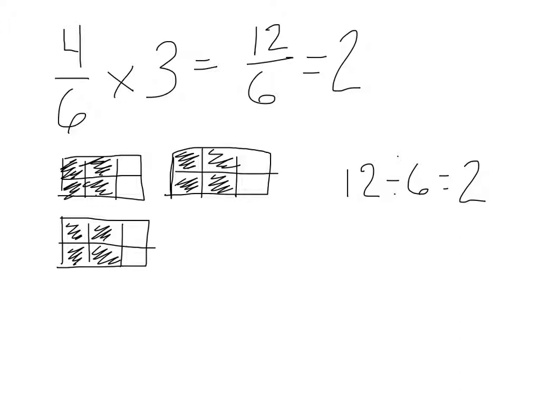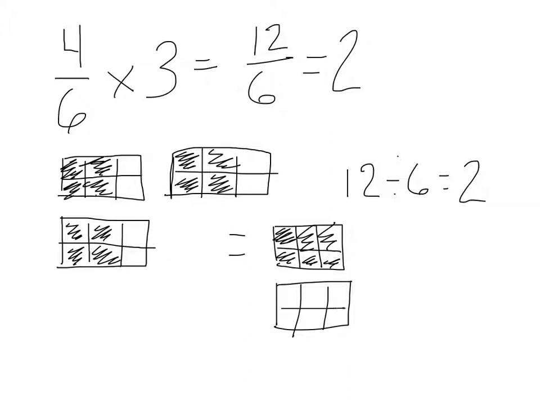The other way I can do it with the model, and I like that kids are doing this because it's like a foolproof way, they can't get it wrong. What I tell them to do is draw a model with their 6 pieces, and now they need to shade 12 of them. So 1, 2, 3, 4, 5, 6. Oh, I need to draw another.